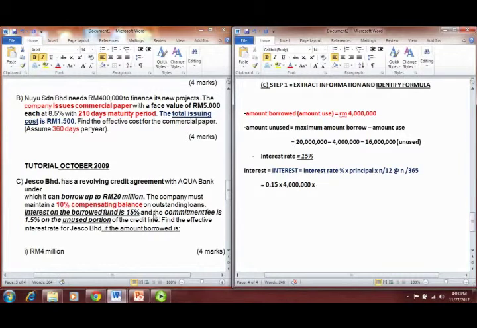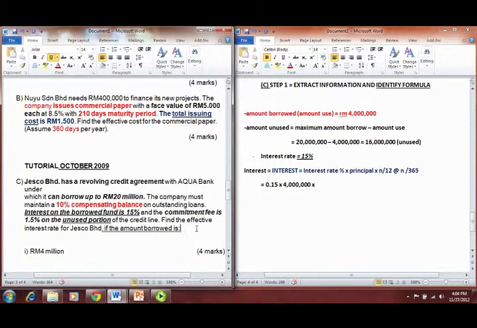Alright, class, based on the question, Jesco Berhad, the company, 10% compensating balance, interest 15%, commitment fee is unused 1.5%. Do you see any time period that the question gives you?